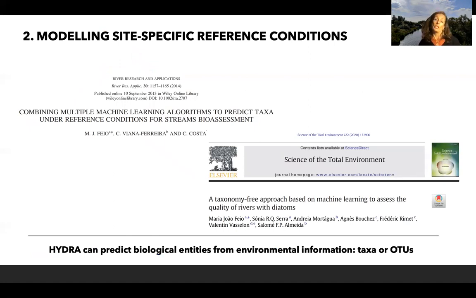That is a predictive modeling tool that allows the prediction of biological entities based on environmental information of sites. I say biological entities because we already tested the approach with taxa, for example, invertebrate taxa, and we also tested this approach more recently with OTUs and diatom OTUs.